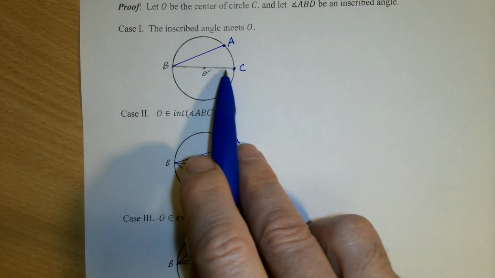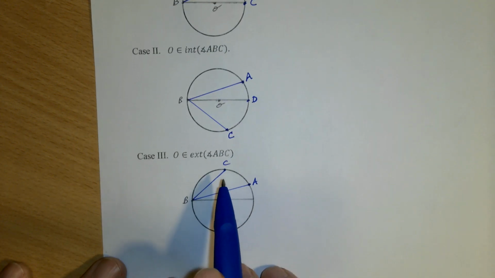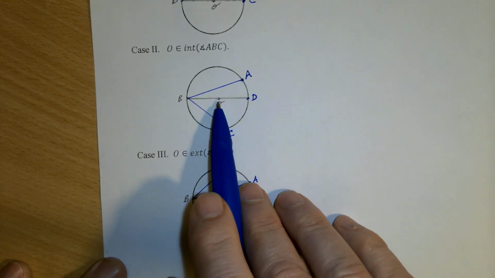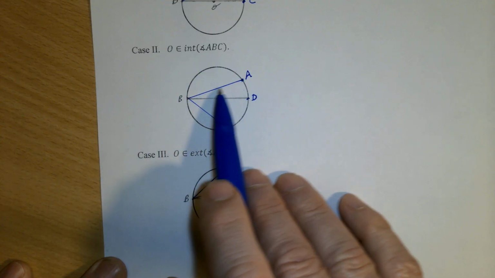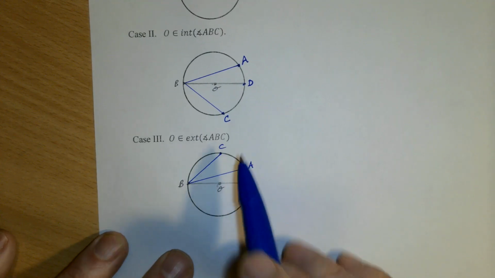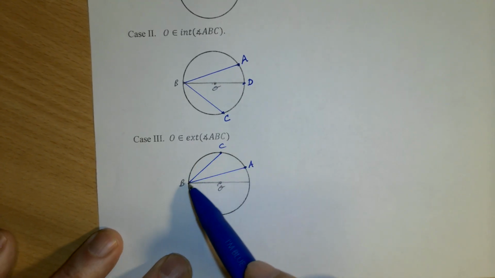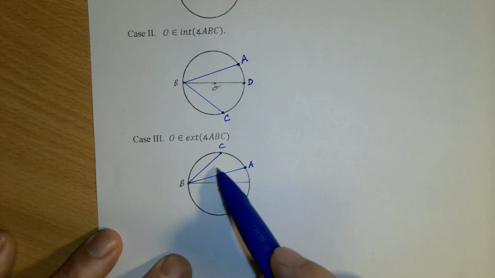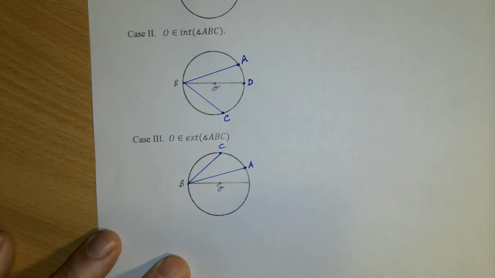That's the case we did in the last video. The second case is that O, the center of the circle, is in the interior of the angle. And the third case is where O is in the exterior of the angle. So we've got the inscribed angle here, but it does not contain the center. The center is outside or exterior to that angle.